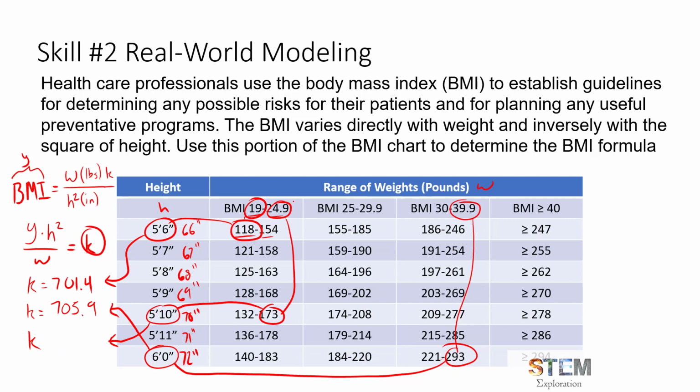So again, 24.9 now is the BMI. Let's multiply that by the height of 70 inches twice, and then divide that by the 173. And again, this gives us 705.3. And so what you're going to notice is that the model that we're coming up with isn't going to be perfectly linear.